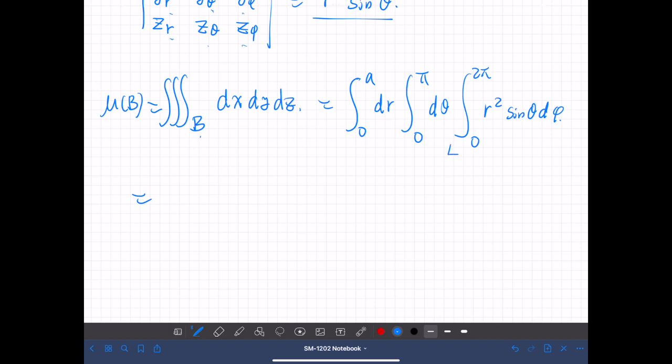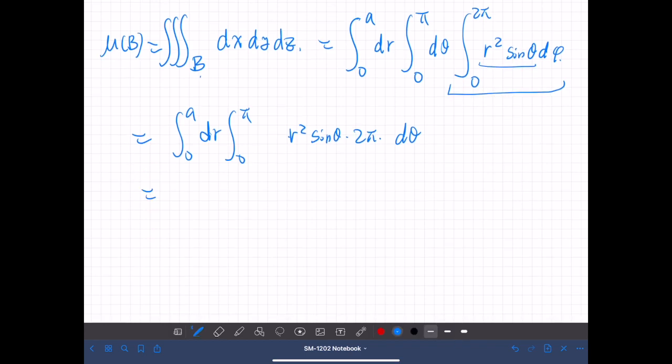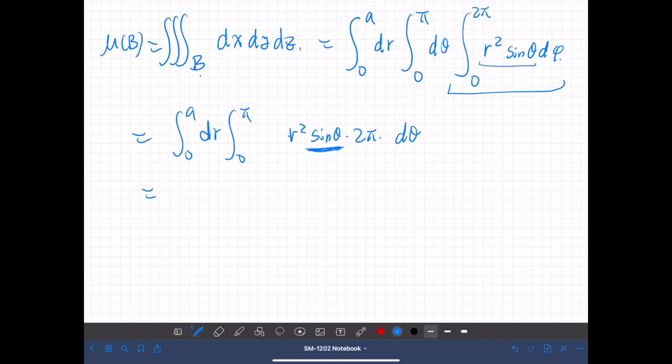So first let's calculate this part. Since there are no phi's inside, it's just 2 pi. So the result is r squared sine theta times 2 pi. Then we integrate with respect to theta. Let's put r squared and 2 pi outside.